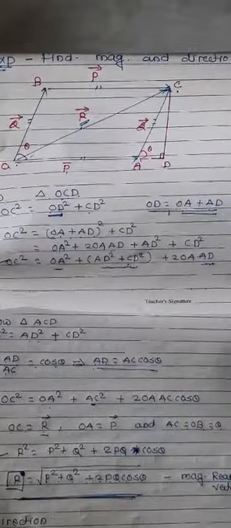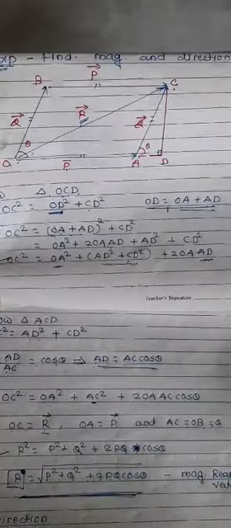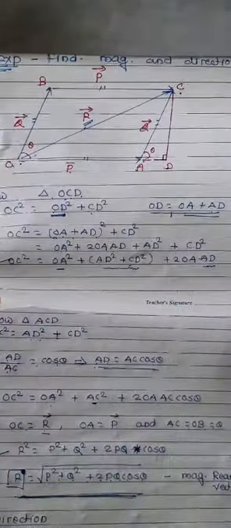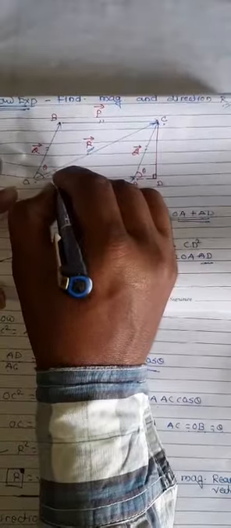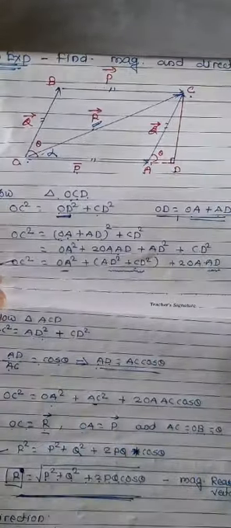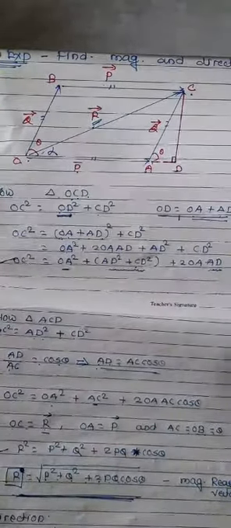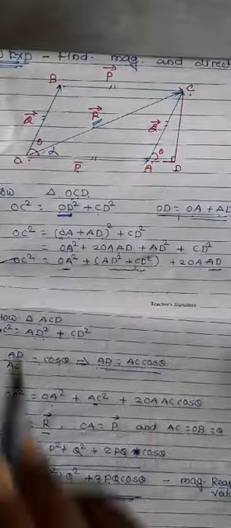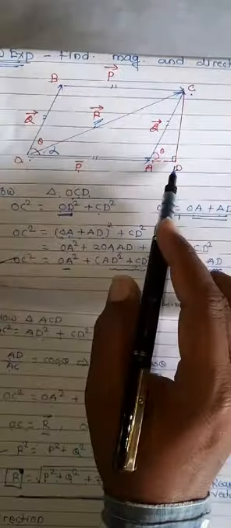Again we have to take the direction of this vector. Which vector? This resultant vector. Suppose alpha is the angle between OC bar and OA bar. If we consider the triangle OCD, this is the OCD triangle.